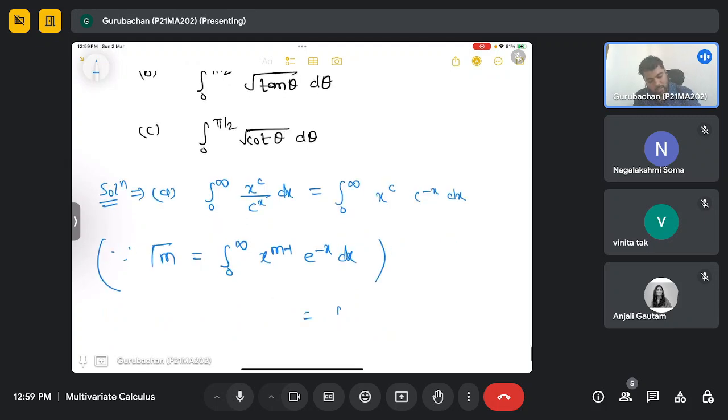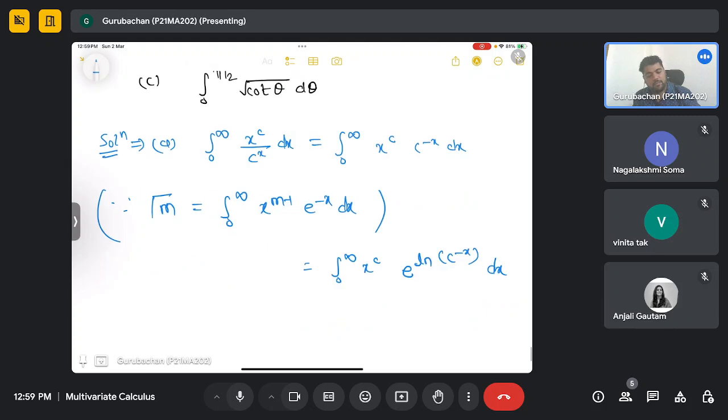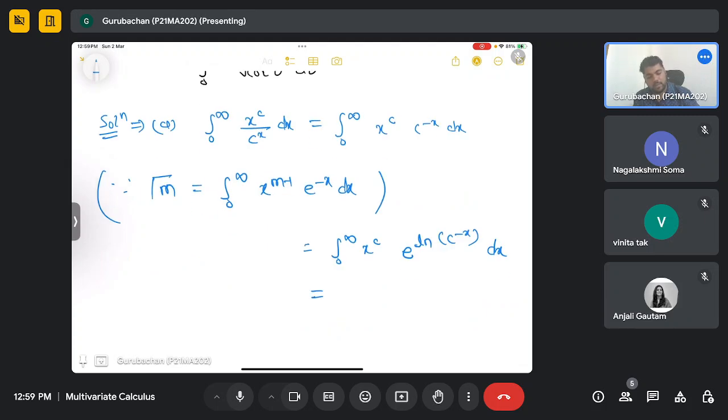Now we can write it as 0 to infinity x to the power c e to the power ln c, to the power minus x. And write in this way because e and ln will again give us c to the power minus x. Composition of e and ln. Then 0 to infinity x to the power c e to the power minus x times ln c dx. So here we need some e to the power minus x type form, but we have x times ln c.